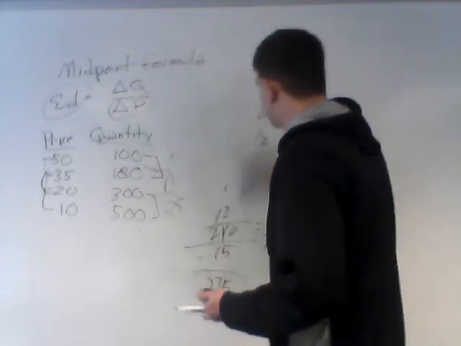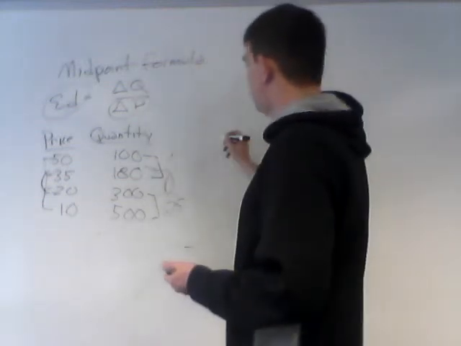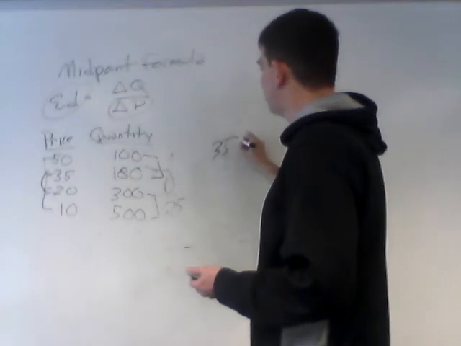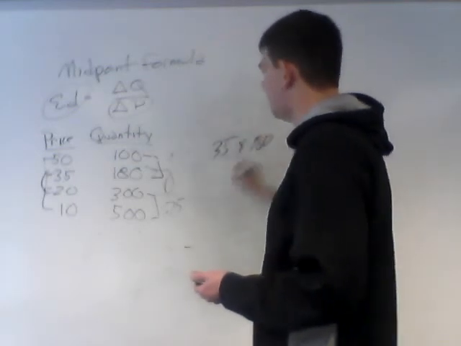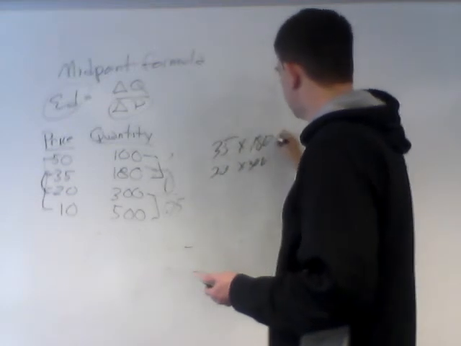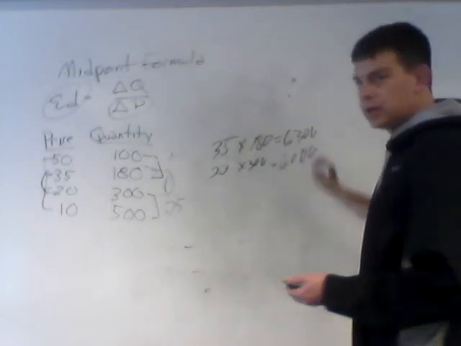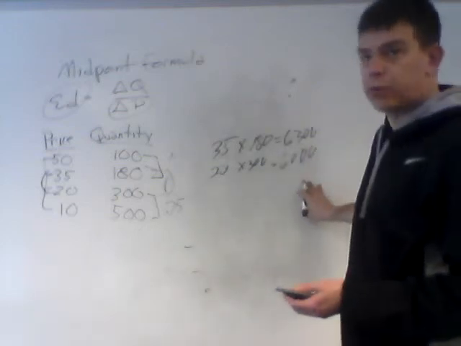Another way to do it is to simply calculate it out. So if you have $35 and you sell 180, and at $20 you sell 300, you just multiply it out. And clearly the math is pretty straightforward here.